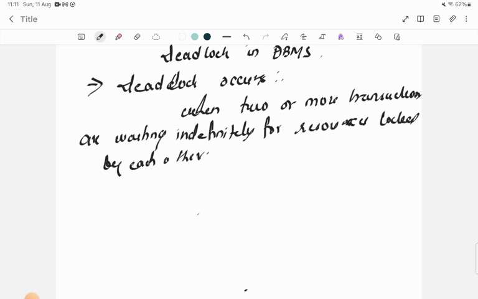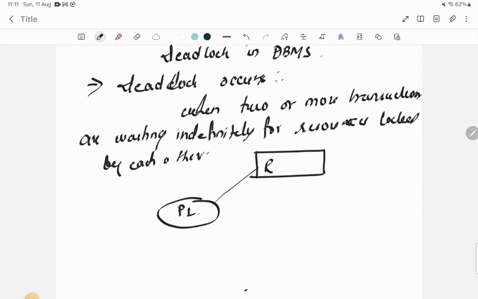Okay, so let us understand this with a diagram. Suppose this is a transaction 1, or we can say a process 1, and it has acquired this resource. If this is the arrow, it means that this P1 is waiting for this R1.